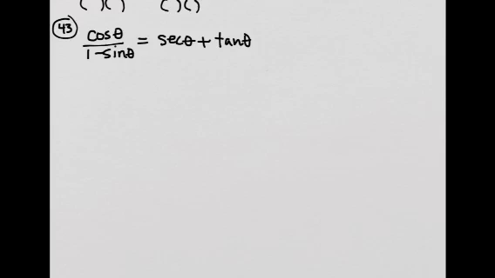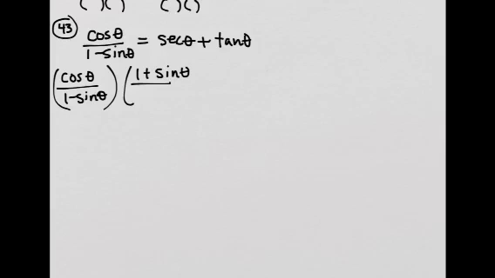Alright, so for 43, the strategy that's going to help us get from one fraction to two terms is multiplying numerator and denominator by the conjugate of the denominator. So let me write out the left side first. I'm going to multiply this by 1, but the 1 is going to look like this.